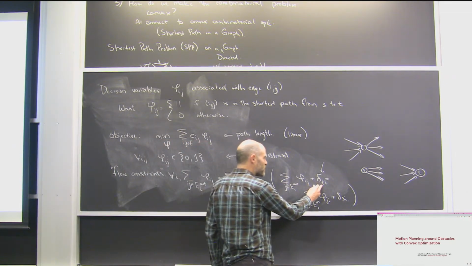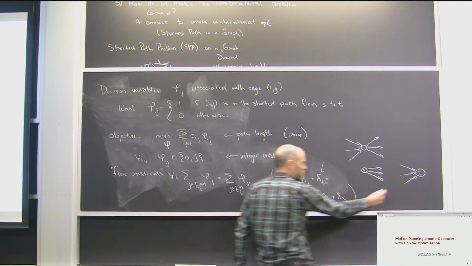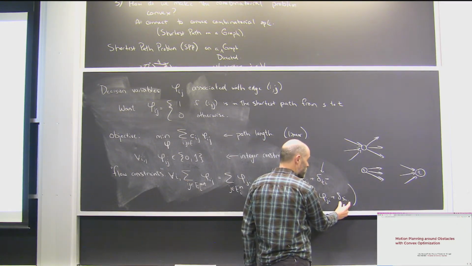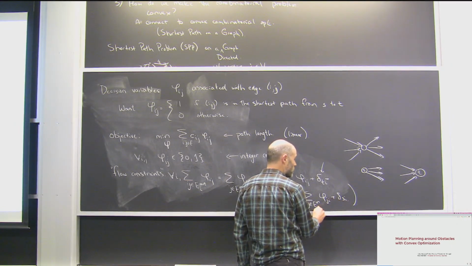So if it's the target, I automatically get a fake 1 coming out that I don't have to use. If it's the source, I get an extra 1 coming in.